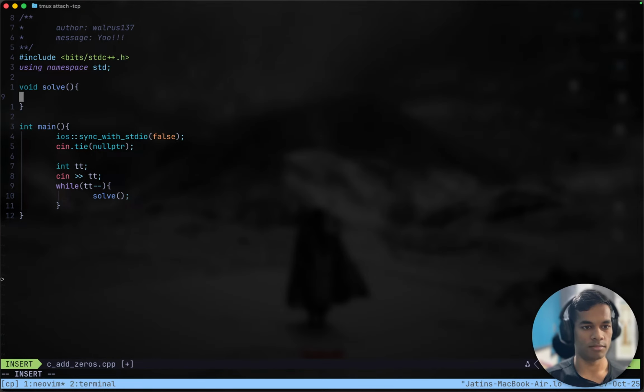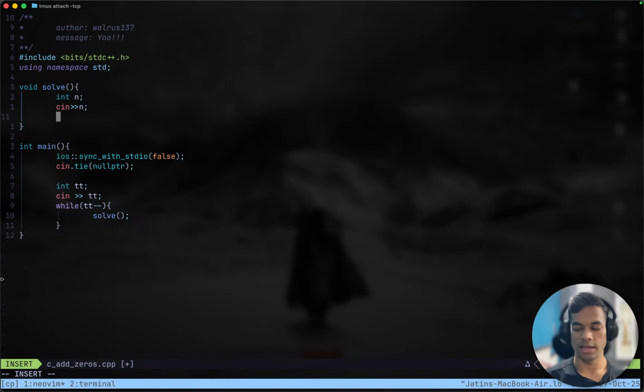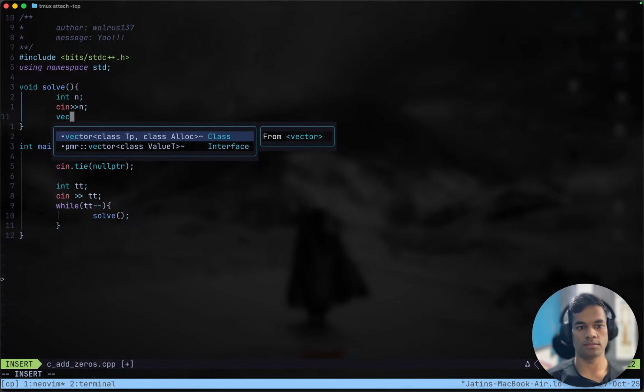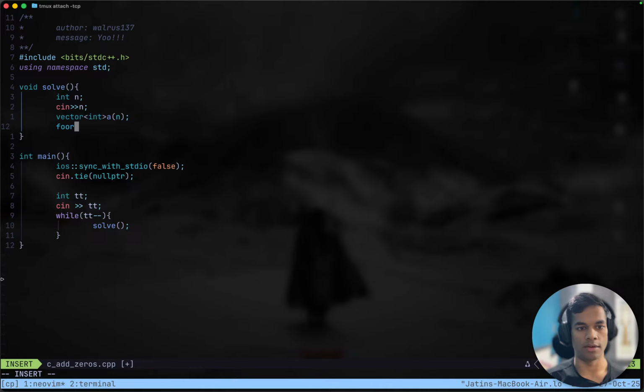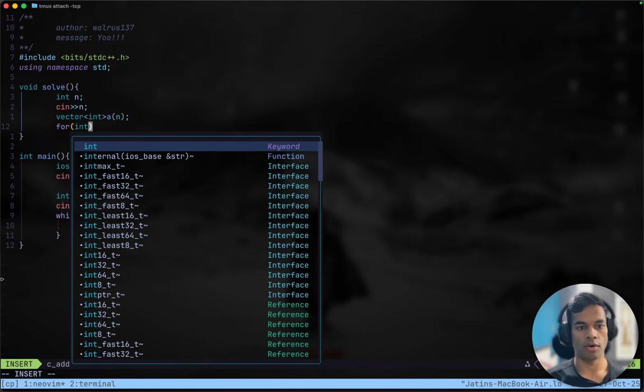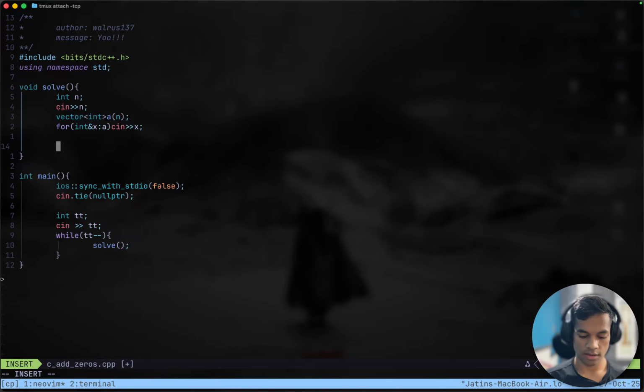Now I would like to write the solution again. Take in n, vector A of size n, and we will fill this whole thing with a for loop, for x in A. And yes, we need a map and a set.